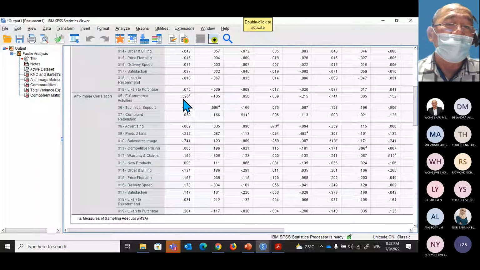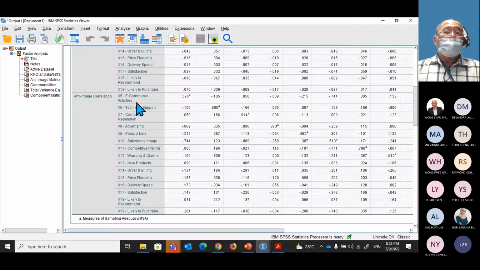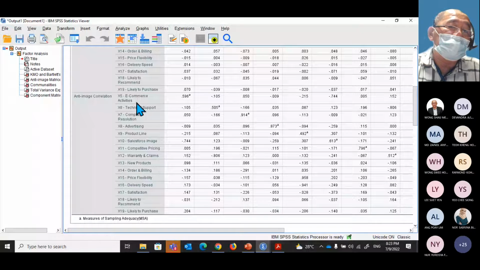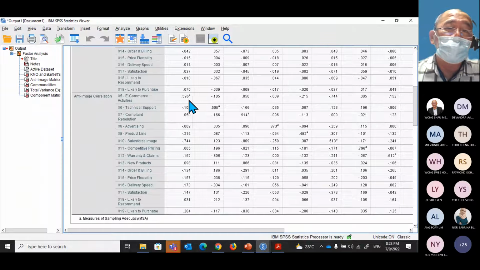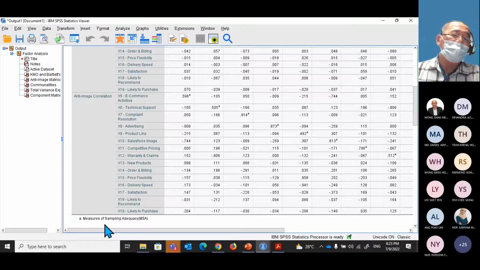This is the MSA for X5, e-commerce activity. Therefore it's good. You should include e-commerce because this value is more than 0.5. You can see a superscript a. The a is the measure of sampling adequacy, MSA. You see the note at the bottom of this table.